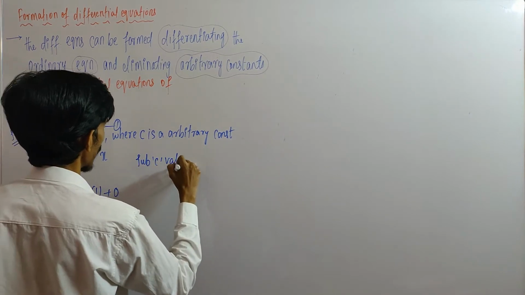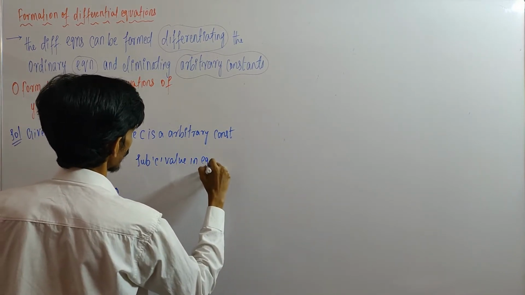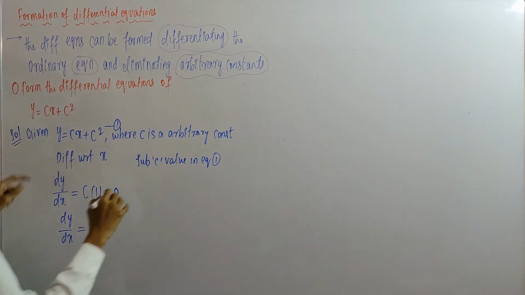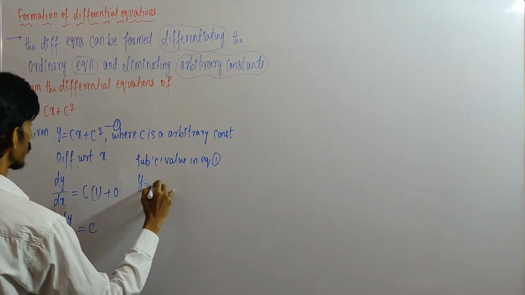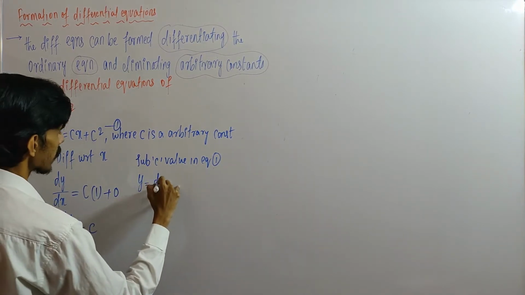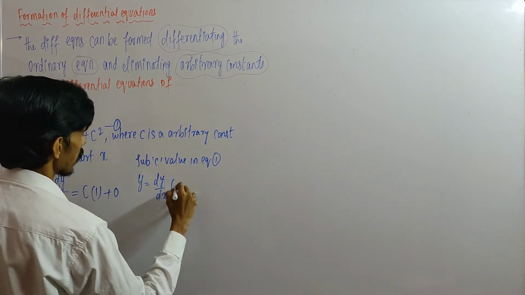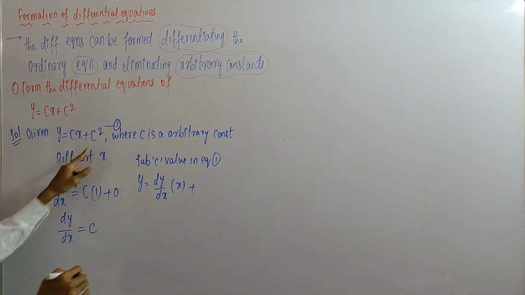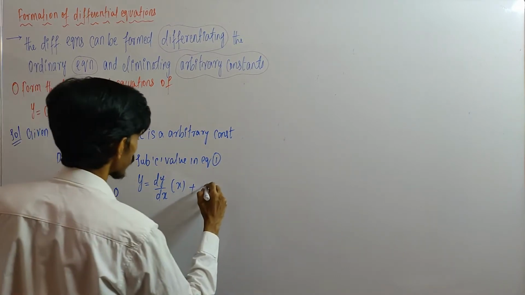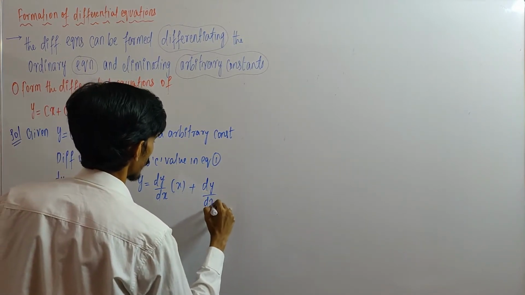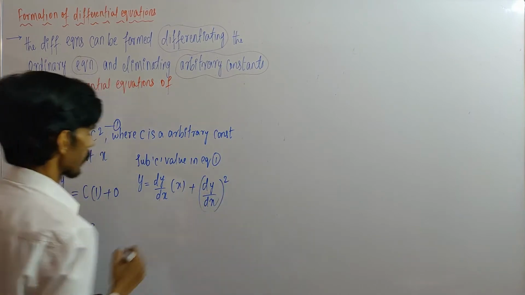Substitute c value in equation 1. Here we have y is equals to c. C value is dy by dx into x plus c square. C square means dy by dx square.